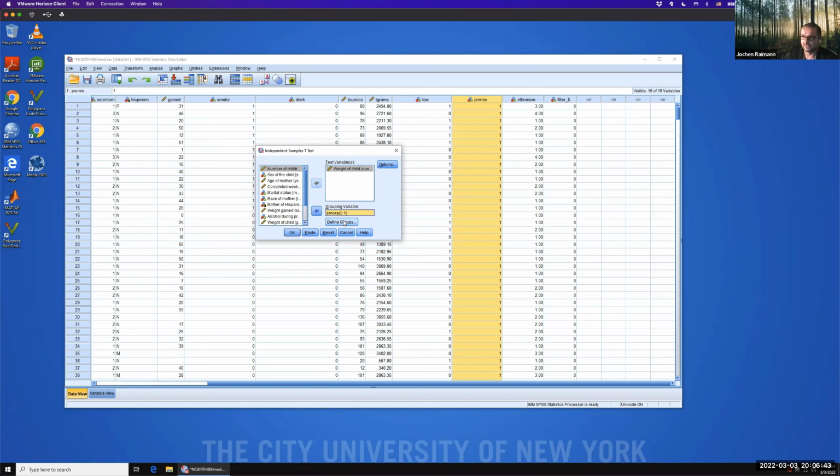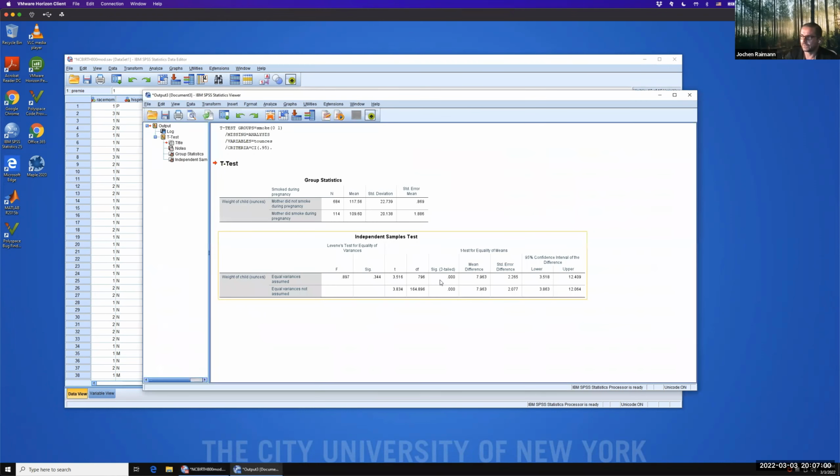So define the groups, which is what I suggested as a troubleshooting point, in 0 and 1. If you define these groups and click OK, then your analysis should work without any problems, just like indicated in the 2-sample t-test Word document posted in the weekly materials.